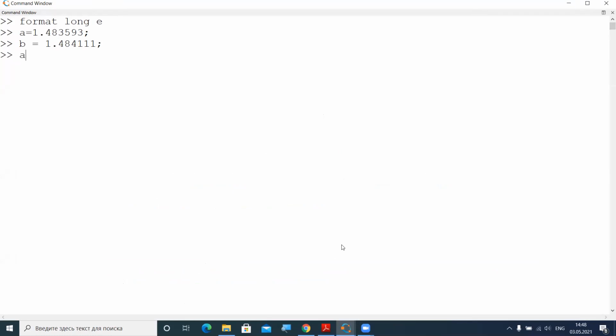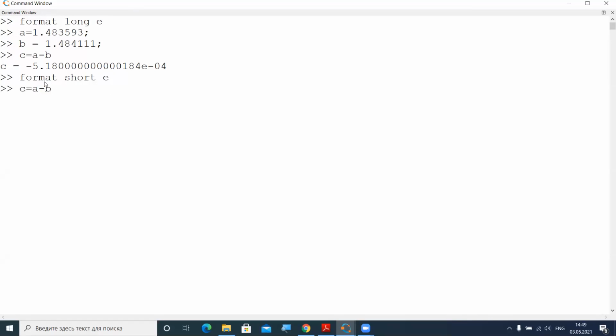And find a minus b and denote it by c, for example. You can see here this is in format long E, so after the point we have 16 digits, but we can use here just format short E.